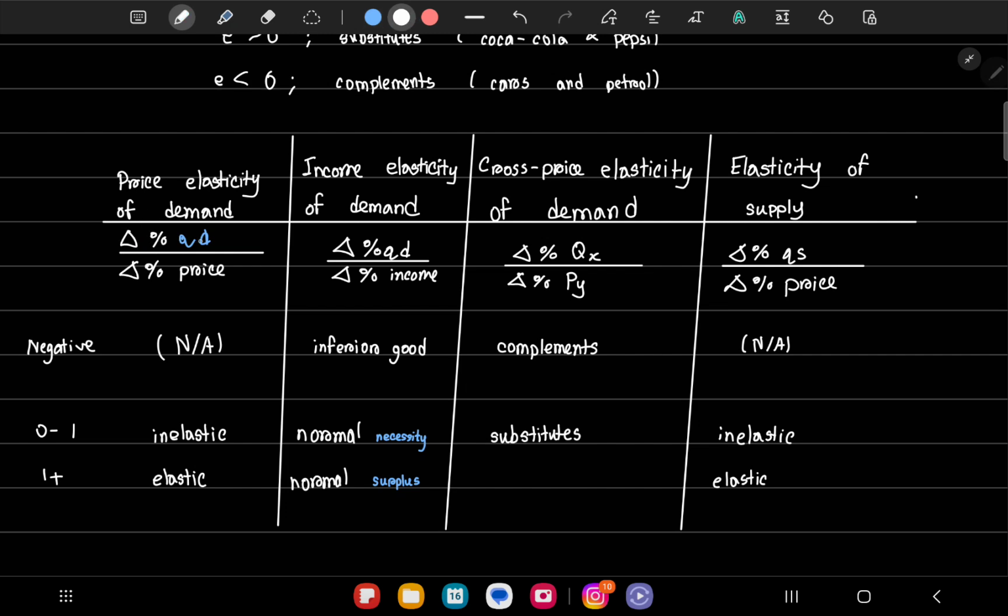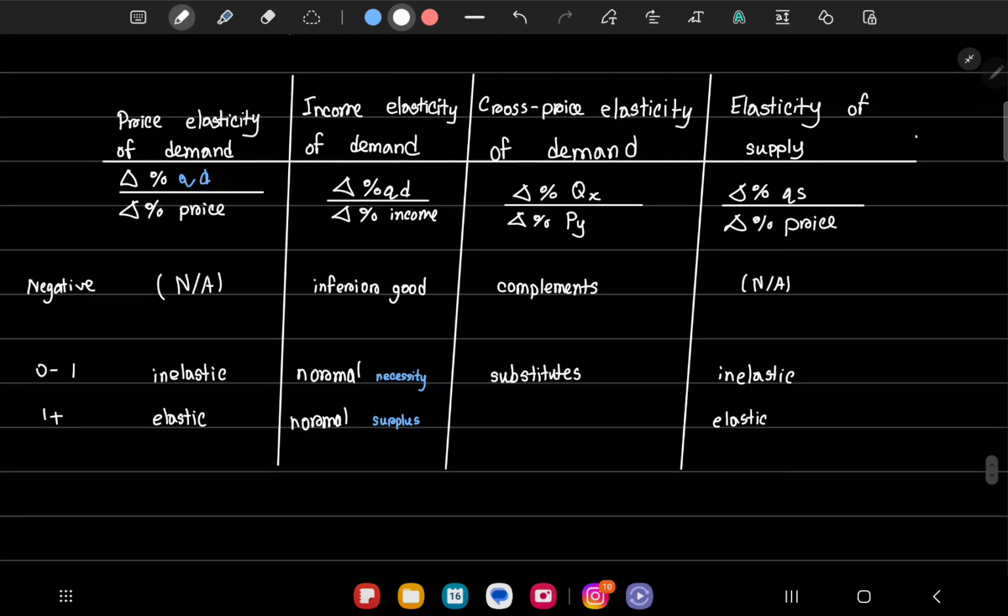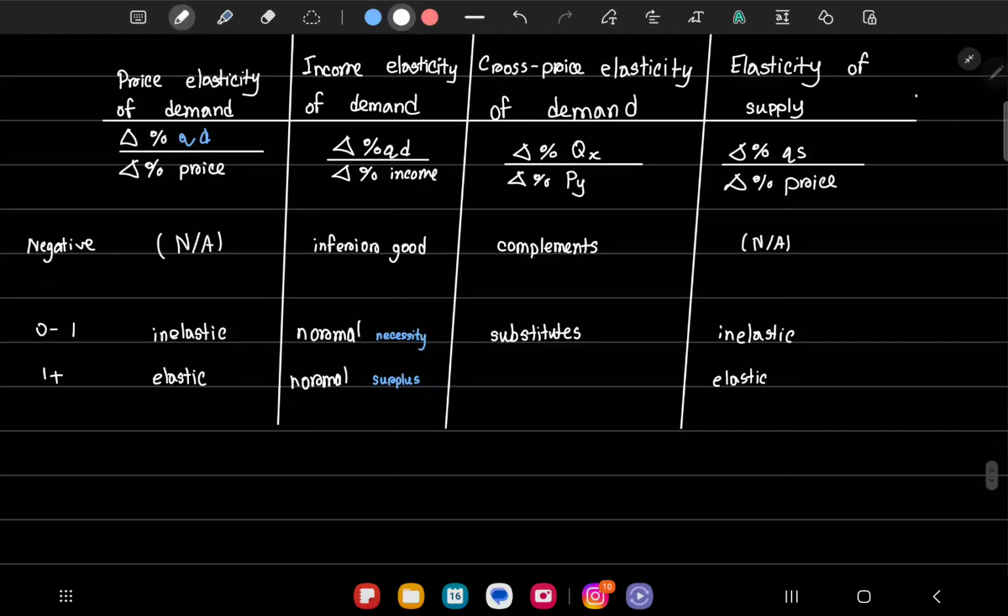So the change in percentage of quantity demanded, the change in percentage of price. This is the price elasticity of demand and the formula for that. We know price elasticity, we just want the magnitude of that, so it cannot be negative. And if it's 0 to 1, it's inelastic, and if it's more than 1, it's elastic.